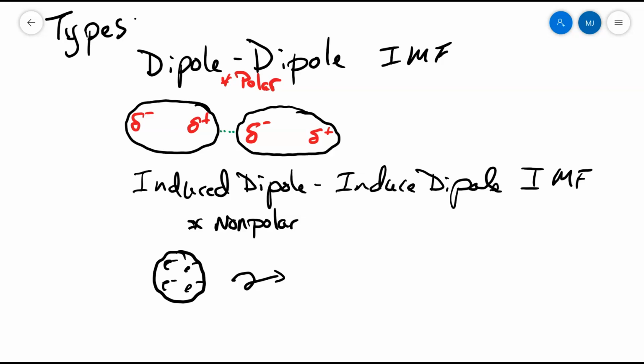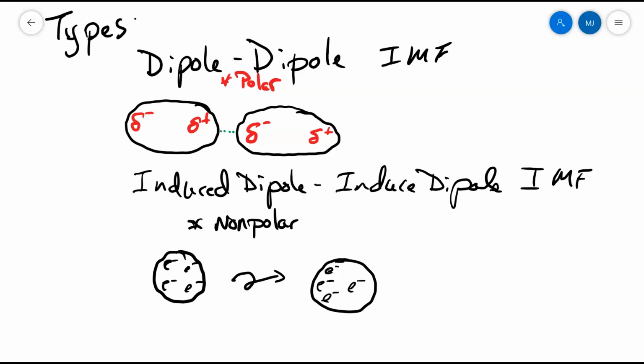Now, in this electron cloud, and think in your mind, you should have the model of the electron cloud. Remember, electrons are constantly in motion. So in one brief instance, perhaps there's an uneven distribution of electrons.